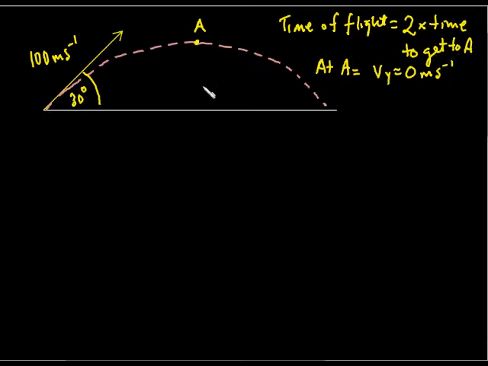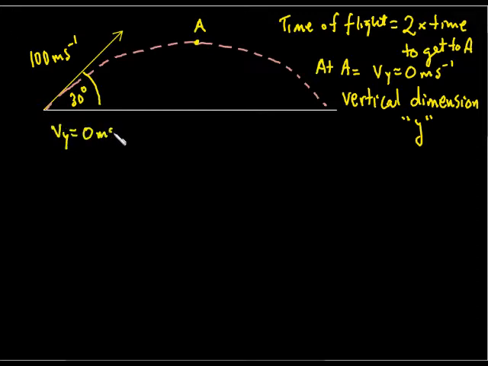Righto, another key point is that we are working in the vertical dimension, which means that we are using subscript y. So any data we put down must be in the vertical direction. Over here we have Vy is equal to 0 meters per second, as discussed.